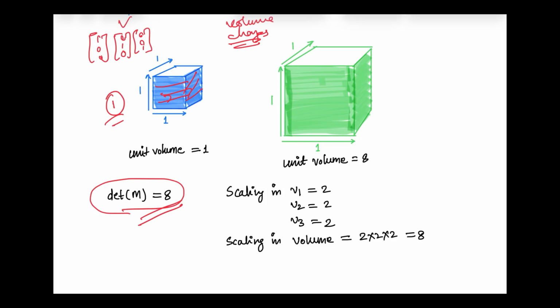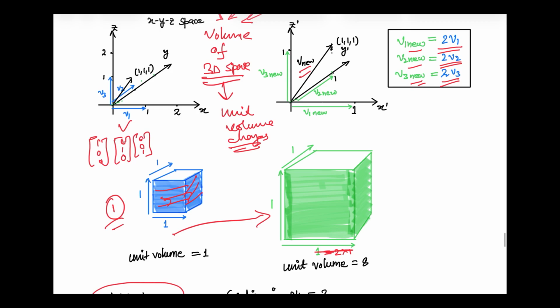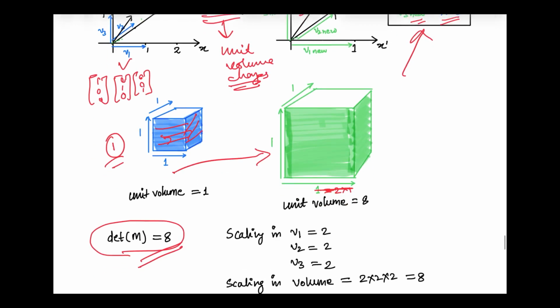And if we look into this particular case where a unit volume is scaled, this 1 is actually 2 times the previous value. A better way to look at it here is that 1 unit of v1 new is equal to 2 units of v1, and 1 unit of v2 new is equal to 2 units of v2, and similarly for v3.